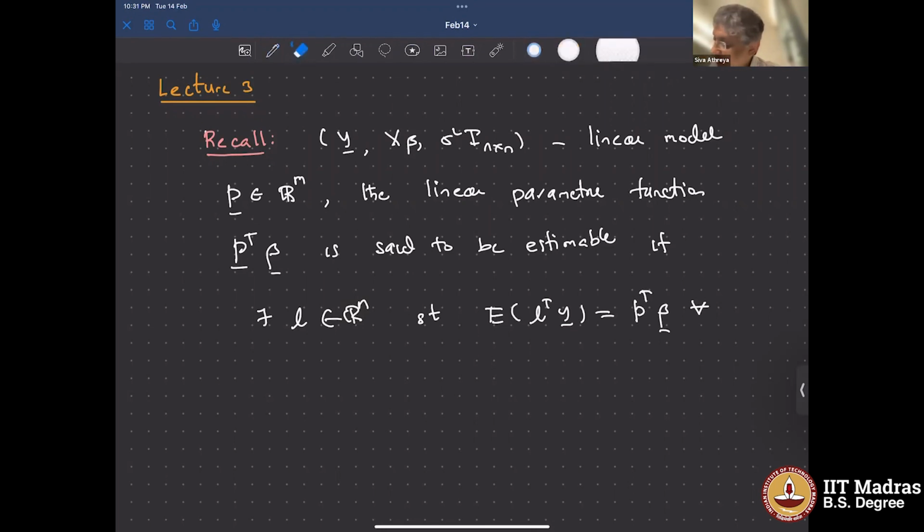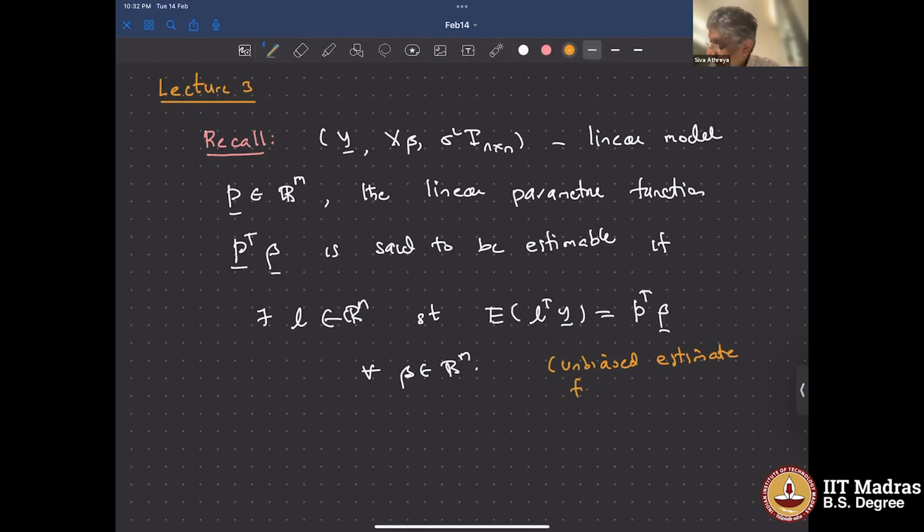So I needed this for all beta. This is what I mean by estimable. In other words, you have an unbiased estimate for P transpose beta, namely L transpose Y. Okay, very good.